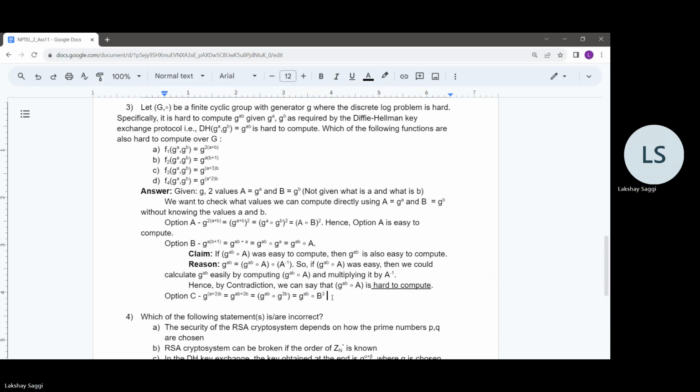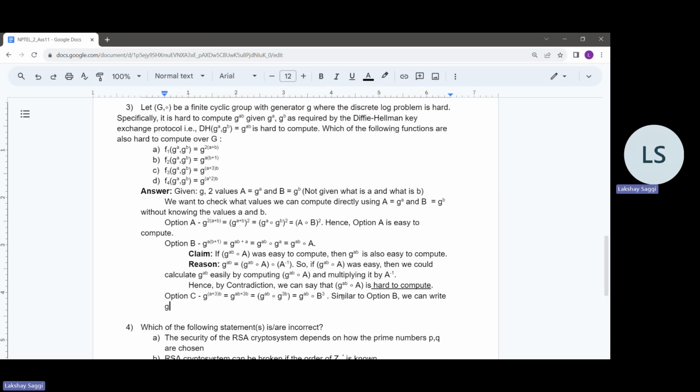So I'll not write down everything like I did here, but I'll just write down, similar to option B, we can write g raised to the power a plus 3b equal to this value times b raised to the power minus 3.